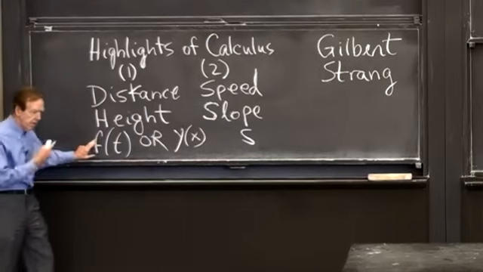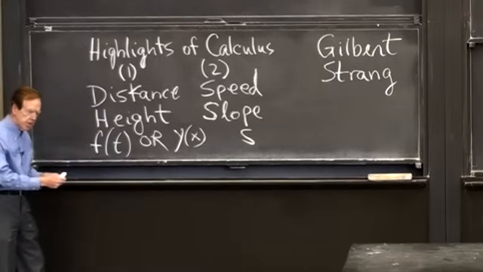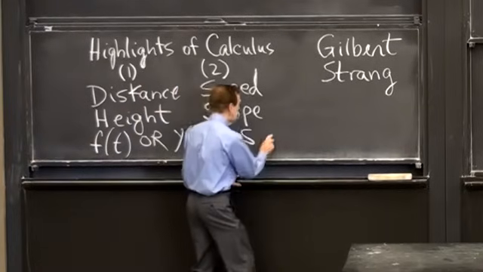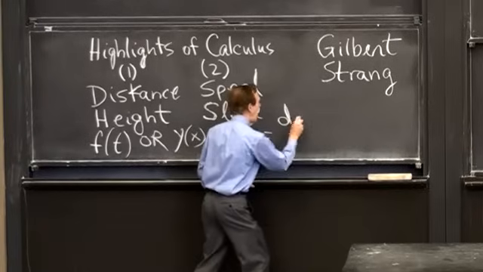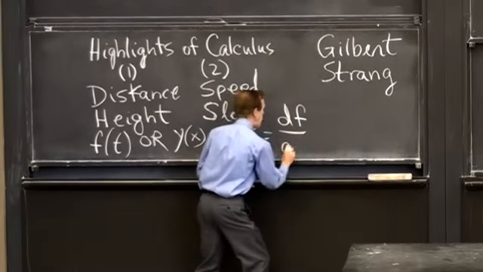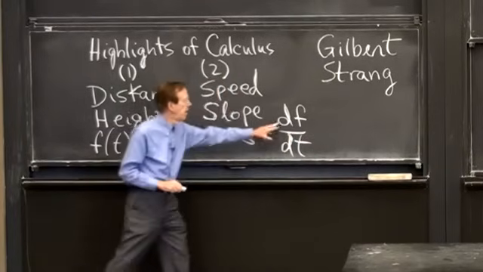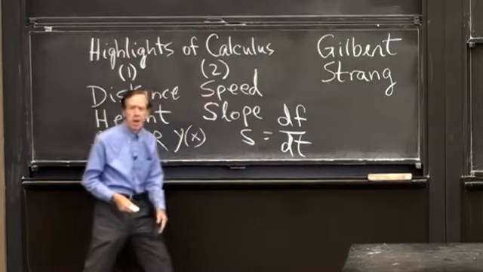If my function is a function of time, the distance, how far I go, then the speed is, the right letters are D, F, D, T. Everybody uses those letters. So let me say again how to pronounce: D, F, D, T.